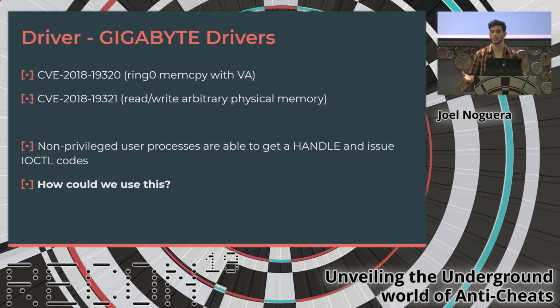And the second vulnerability allows us to read and write arbitrary physical memory from the system. This is quite interesting because by using it, we could start scanning all the physical memory, looking for useful information, such as usable kernel structures inside of the kernel memory. Again, the vulnerability was that users without enough privilege are able to get a handle to the driver.